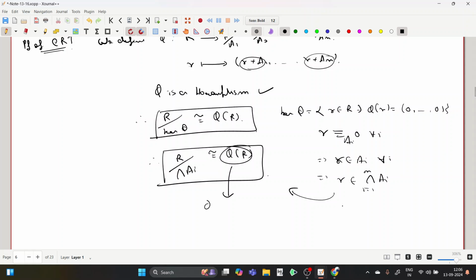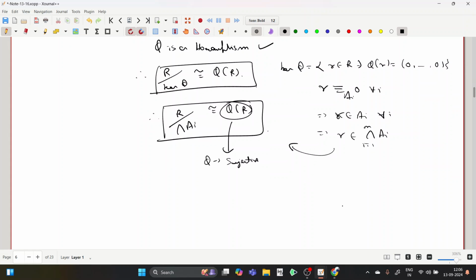So what are we left to show? We are left to show that phi is surjective. That will be enough, right? But to show that, see, showing phi is surjective is quite obvious. Once we show phi is surjective, the Chinese remainder theorem is proved.